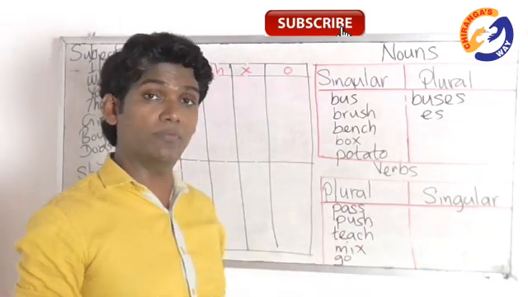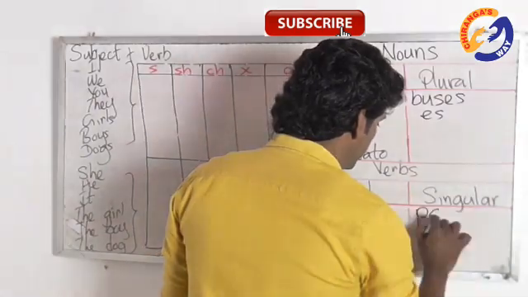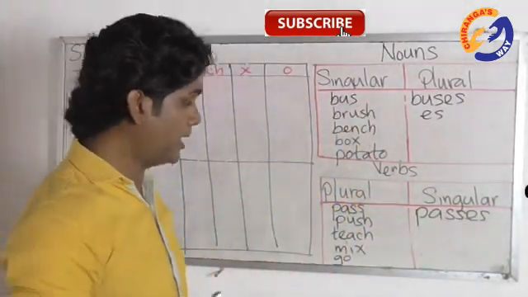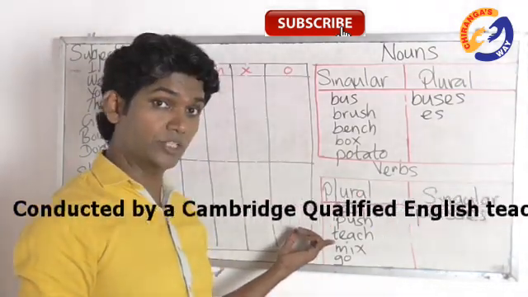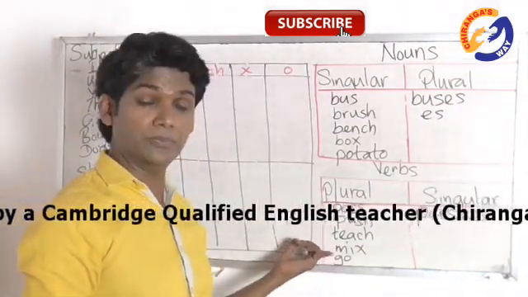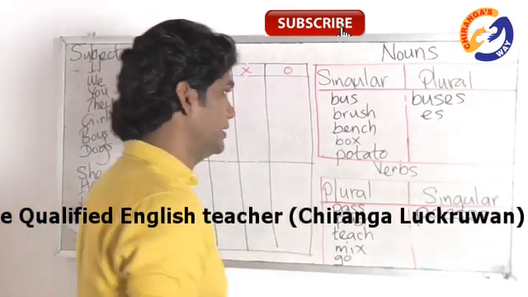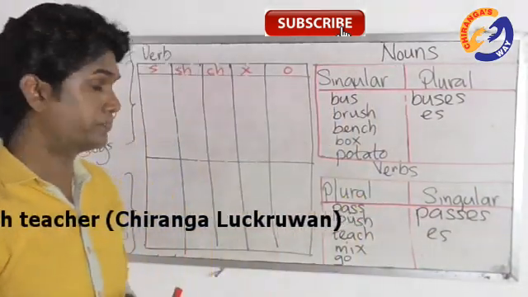The verb is always in plural form. We are adding es to make it singular. Pass becomes passes. Push becomes pushes. Teach becomes teaches. Mix becomes mixes. And go becomes goes. We are adding es at the end of the verb.